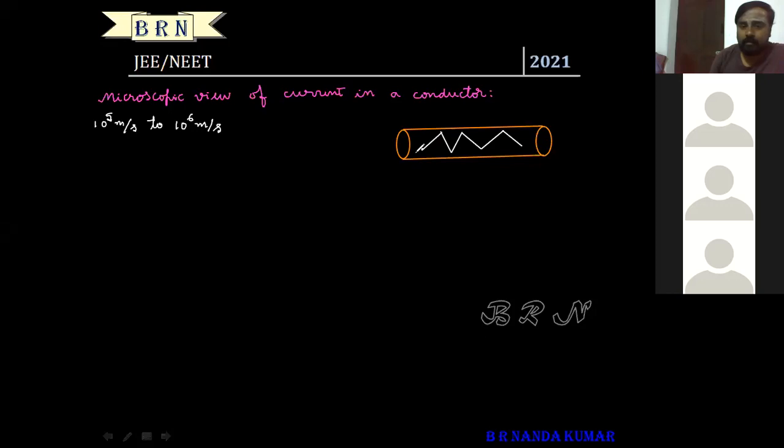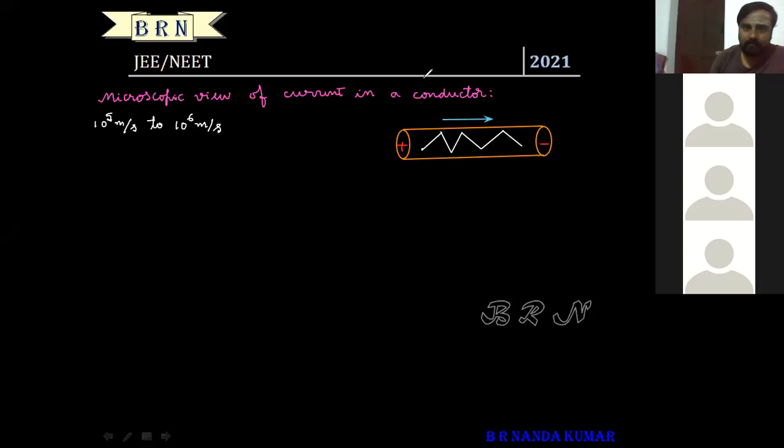But in the presence of an electric field, now this end we must connect to the battery's positive terminal, and this end to the battery's negative terminal, so an electric field is produced. Actually this end is connected to the positive terminal, and this end is connected to the negative terminal.